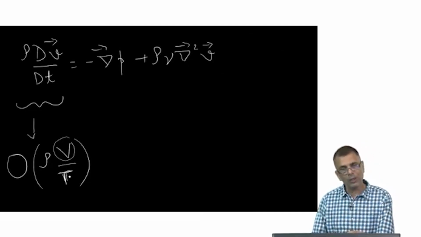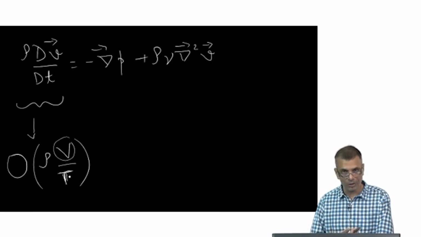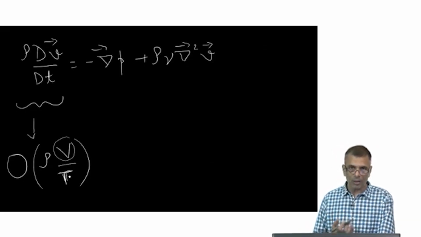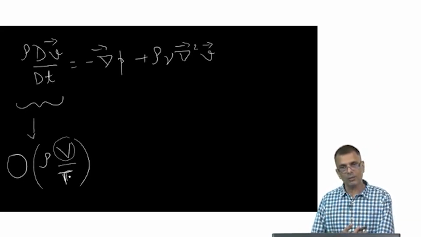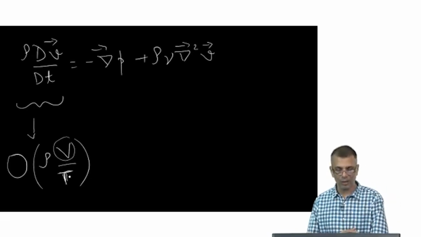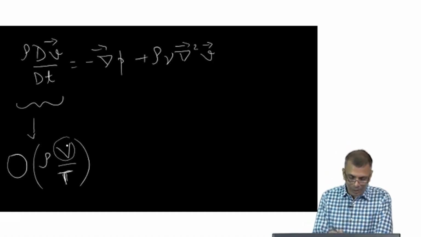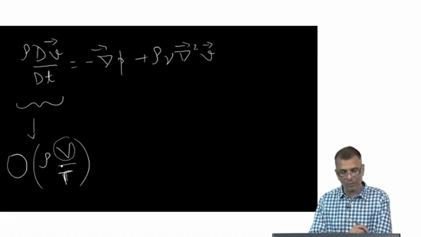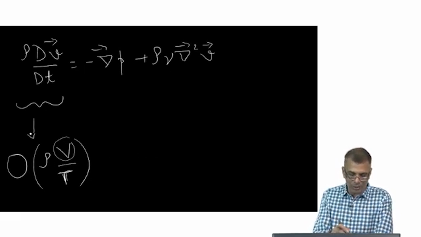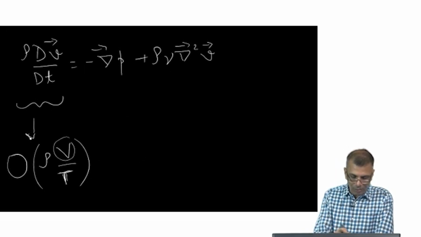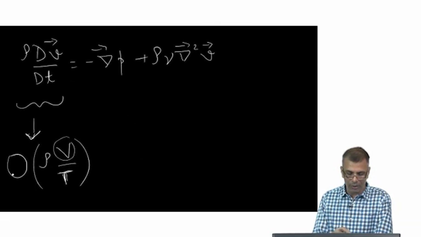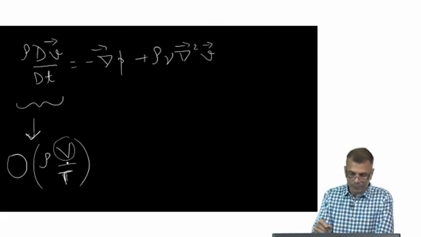So although this concept is a little vague, it still makes sense to talk about a characteristic velocity and a characteristic time scale. Using these concepts, we can say that this term is of the order of rho times v over t. Let me now write down the next term.